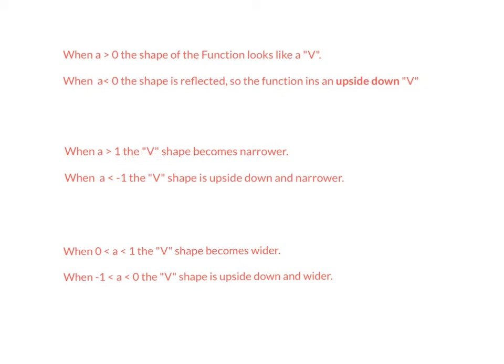And again, you can just count it like it's a slope, up and over. When it's a negative integer, basically, the V shape is upside down because it's negative, but it continues to become narrower. When A is somewhere between 0 and 1, so think of a fraction, the V shape is wider. And when it's a negative fraction, in between negative 1 and 0, the V shape is upside down and wider.